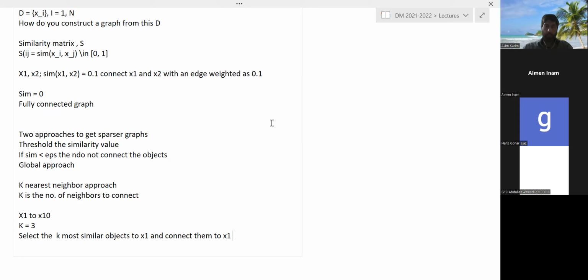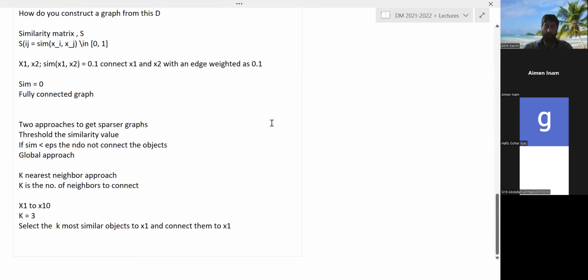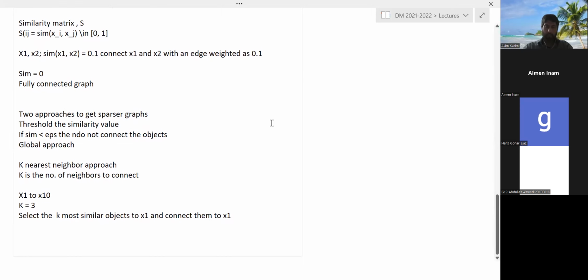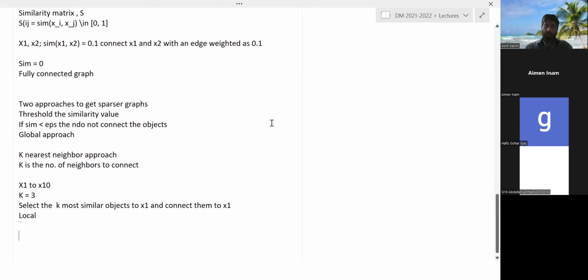So both of these approaches can be used to create sparser graphs from similarity matrices. Generally, the k nearest neighbor approach is preferred. One of the reasons is that this approach is local, in the sense that if your data set has varying densities, then in a region which is less dense, the similarities might be lower, but you will still be capturing the 3 closest or most similar objects.